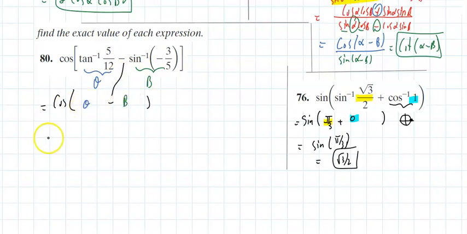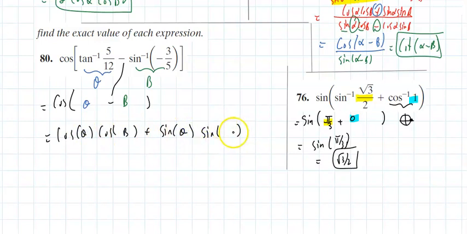And I know what that is. That is the cosine of the first, cosine of the second, plus sine of the first, sine of the second. Using highlight is easier than trying to change each color.